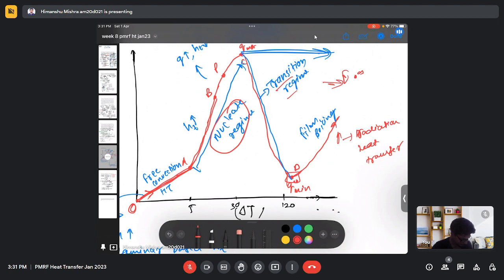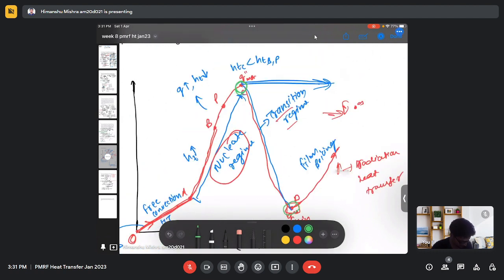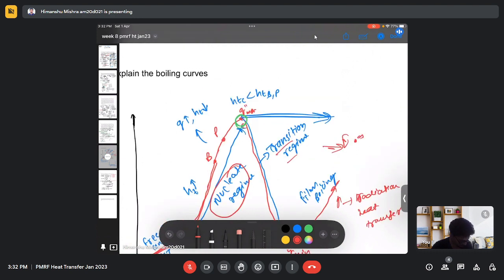Now our objective is to find the heat flux at point C, which is the maximum heat flux or the critical heat flux, not D. So we are finding the heat flux at point C here.